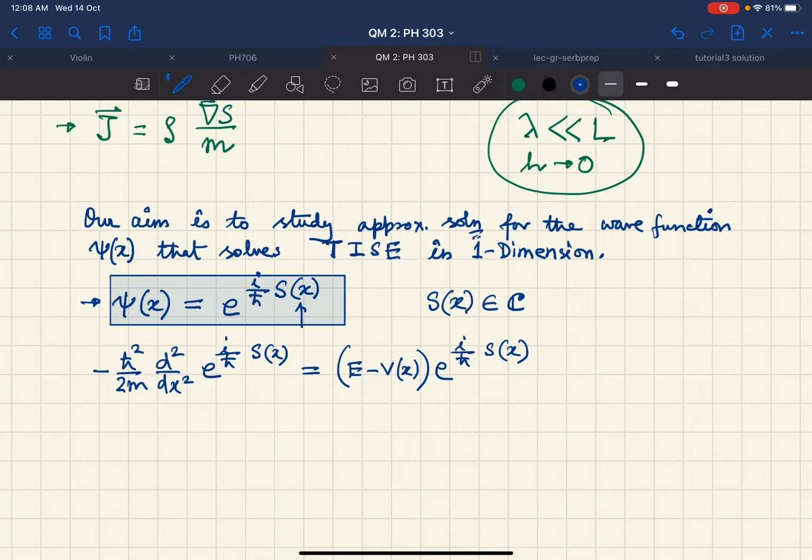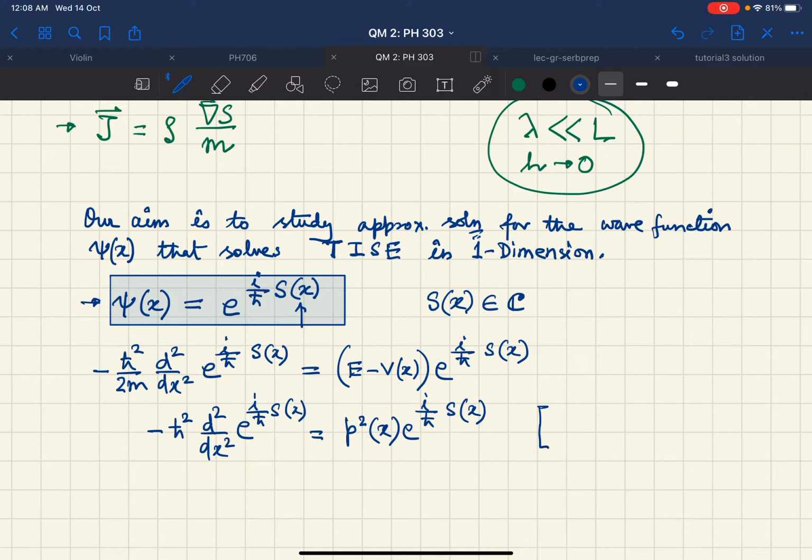So this is my Schrodinger equation, and if I multiply both sides by twice m, then the right hand side is nothing but p squared of x e to the power i by h bar s of x, and the left remains minus h bar squared d2 dx2 e to the power i by h bar s of x.